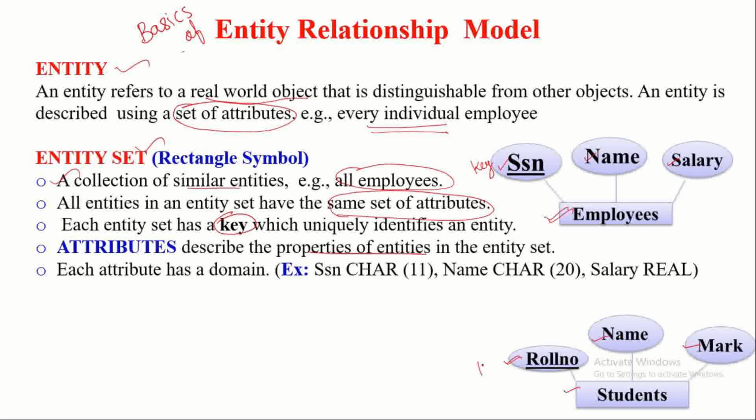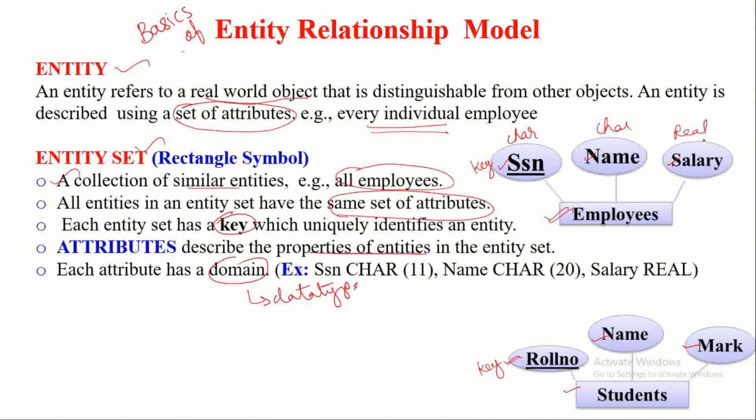Each attribute has a domain, which is also called a data type, that restricts the set of possible values assigned to that attribute. For example, the domain or data type of SSN in the employee entity set is character, for name it is character, and for salary it is real.